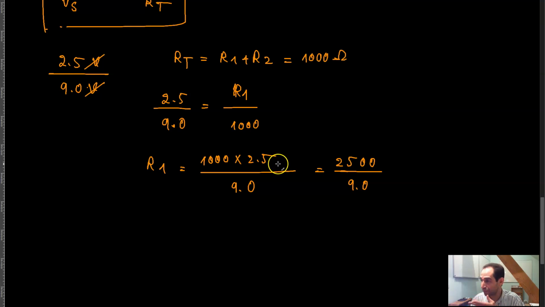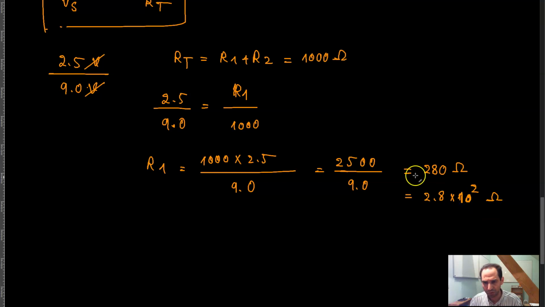With two significant figures, we write it as 280 ohms. Remember that this has two significant figures, so I write this as 2.8 times 10 to the power 2 ohms, for example.